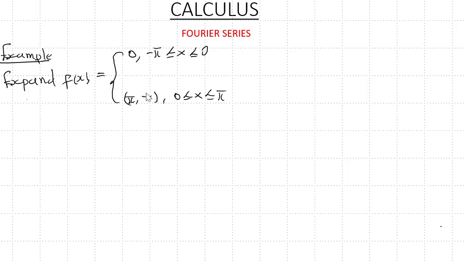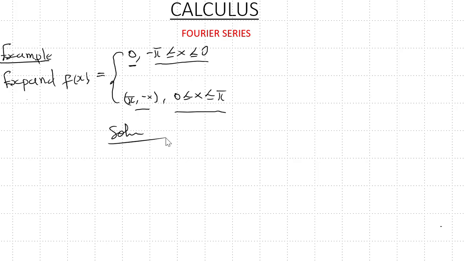Looking at this function, there are intervals. When x occurs in this interval, the function becomes 0, and when it occurs within this other interval, the function becomes this. You get me right? Okay, now let's get started.